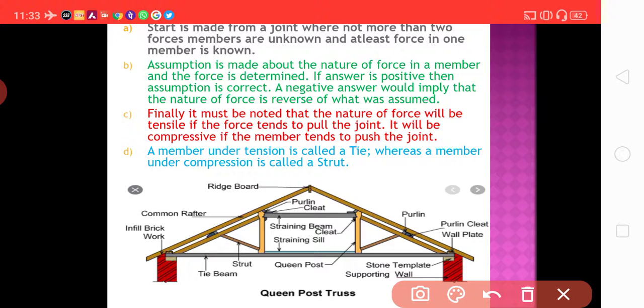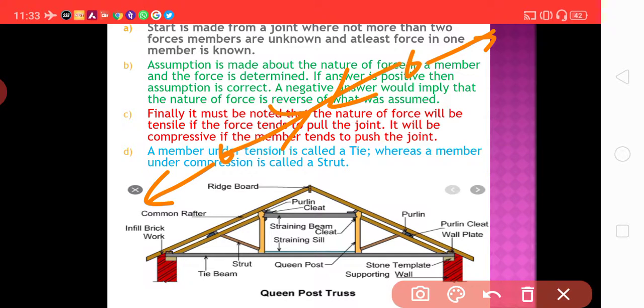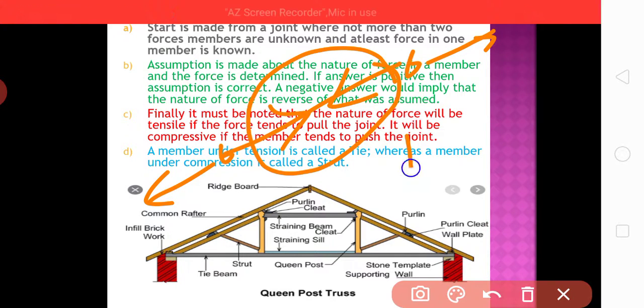Similarly, any member at any angle having a tensile load acting on it, this is the internal and external force like this, then this member will be called a tie.